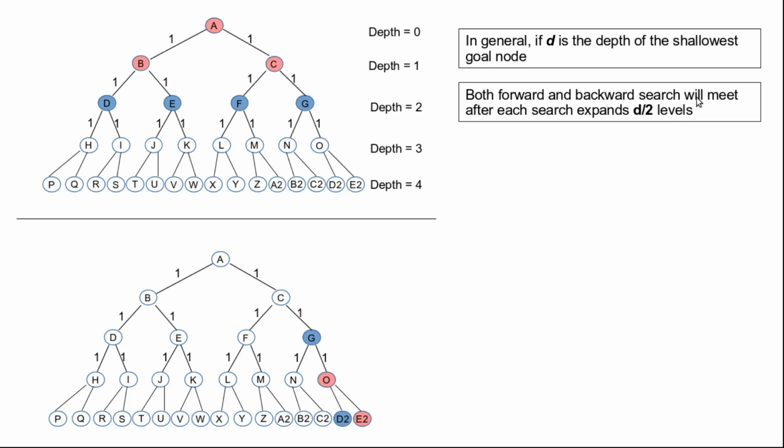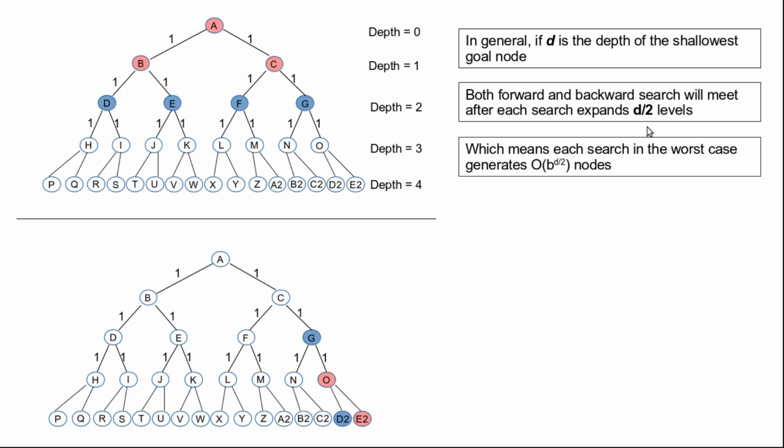What we mean by the searches meeting is that we will find a common element in the fringe lists.